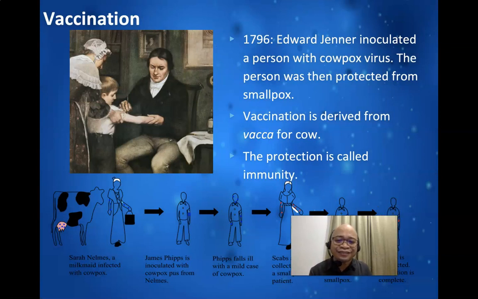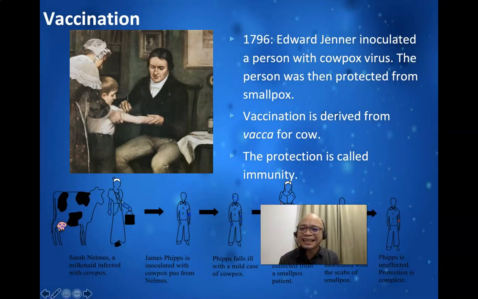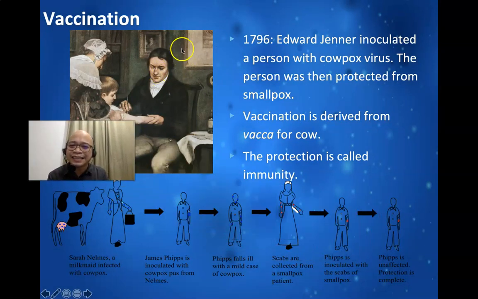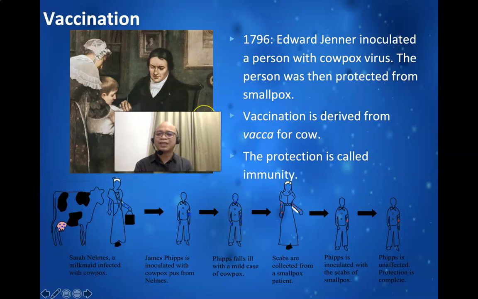Now let's talk about vaccination. So this guy here is Edward Jenner. Let me tell you first the story of Edward Jenner. At that time, smallpox was one of the most dreaded diseases. Nobody was actually spared from smallpox.